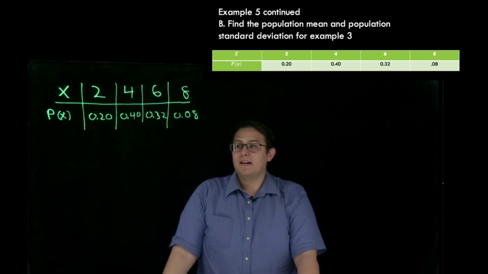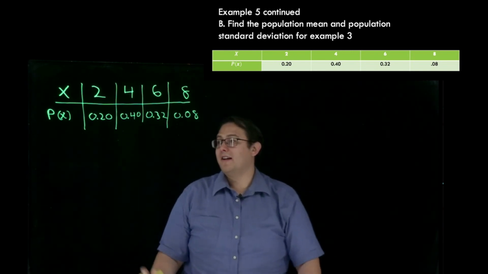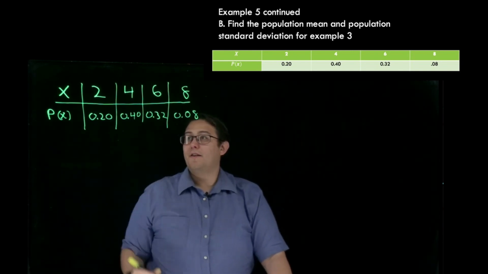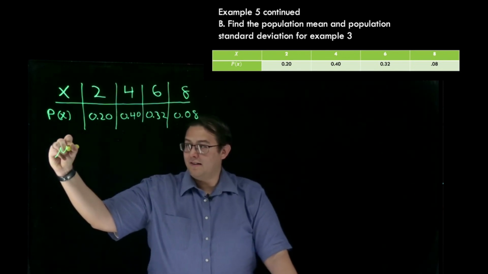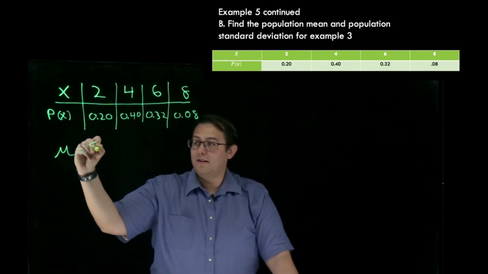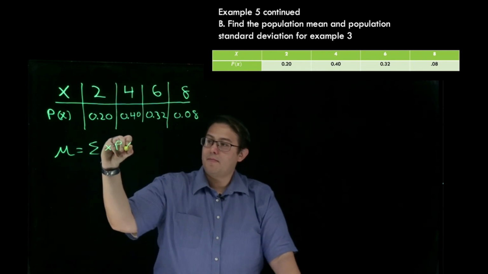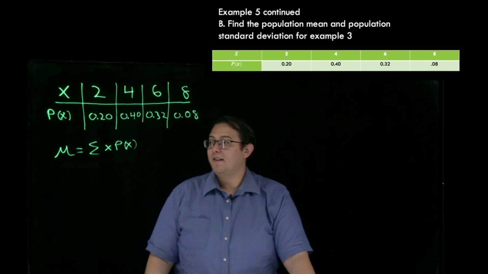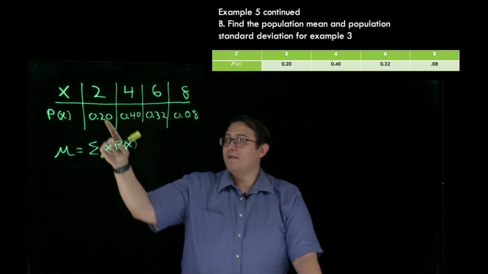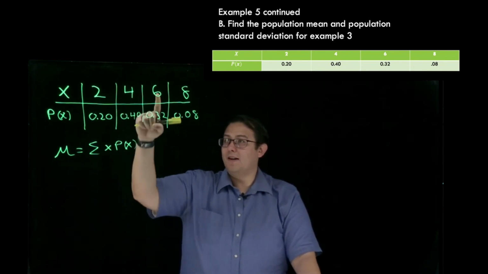Okay, and now we wish to find the population mean and the population standard deviation. So again, if you're given a probability distribution and you want the population mean, this is the formula you have to use. It's the one right there. What that means is you're going to multiply x times p of x, all of them.